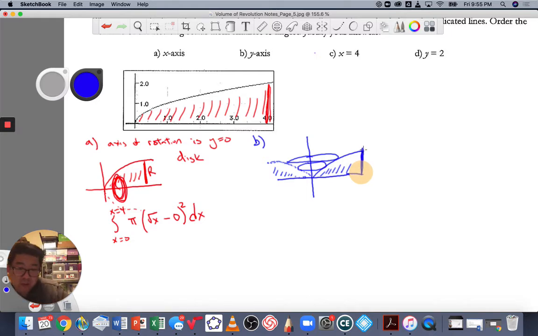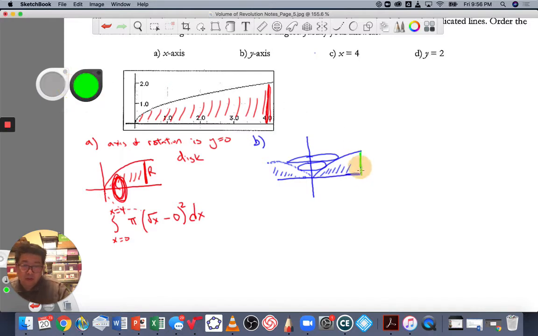So let's figure out what this will be. This vertical line right here is x equals 4. Let's actually try a different color, so it's a little bit clearer.